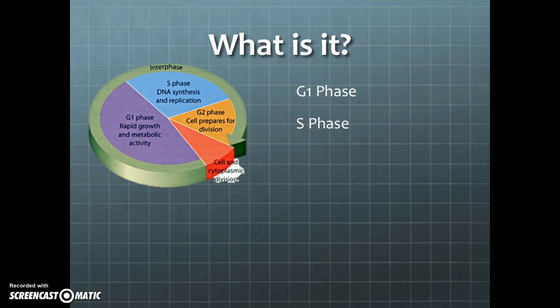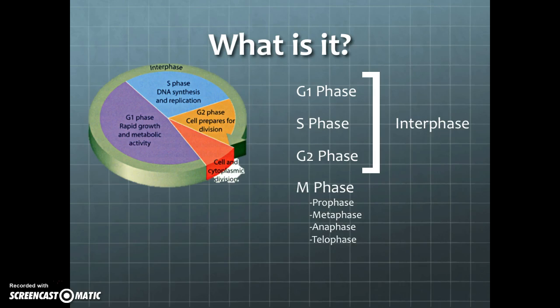In G2 phase, the cell will double-check the duplicated chromosomes for errors and will make any needed repairs. This is the final phase of interphase as the cell moves to cellular division. And as you can see, these are all components of interphase.